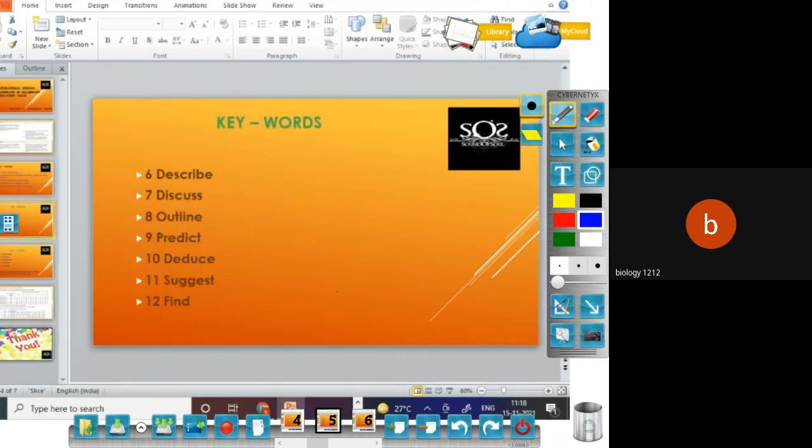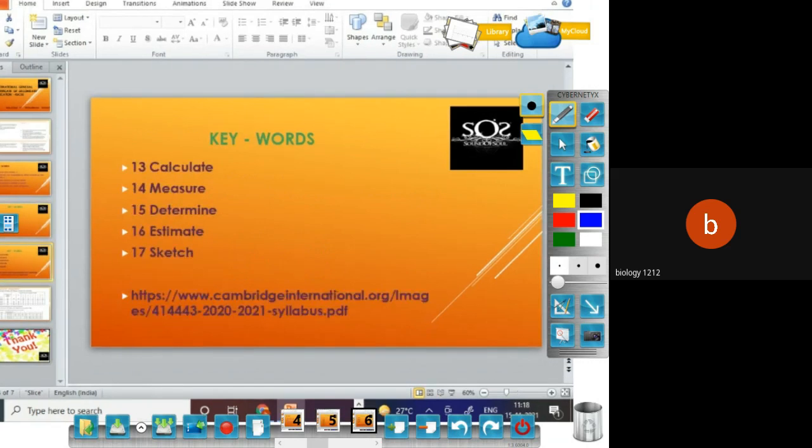Then we have the description question, discuss, outline, predict, deduce, suggest, find, and calculate, measure, determine, estimate, and sketch.